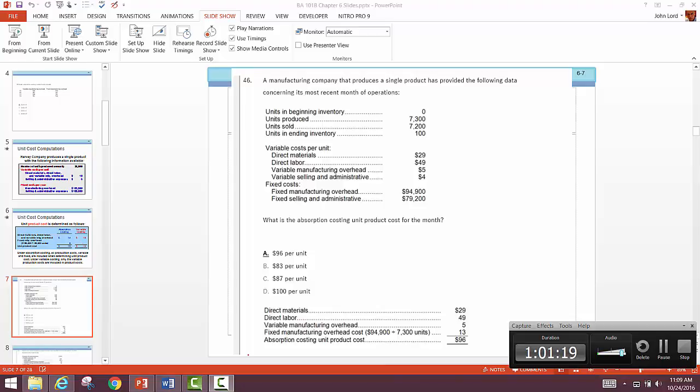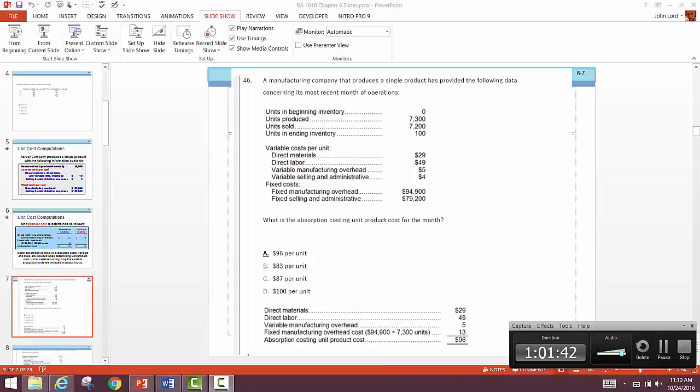As we produce those units, that all goes to work in process. That's my direct material, my direct labor, my manufacturing overhead, both fixed and variable, right? That all goes to work in progress. Then in this problem, we're assuming they just went ahead and transferred everything to finished goods. So we have this $605,000 sitting in finished goods.